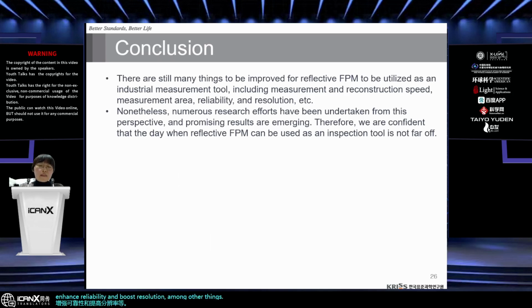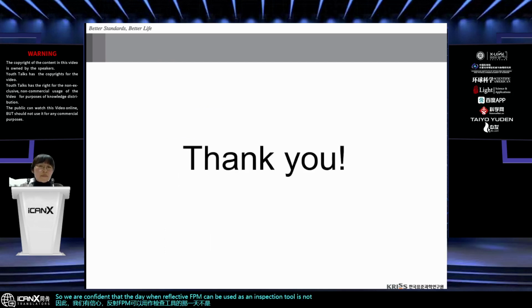But there's a lot of research in this direction, and we are starting to see some promising results. So we are confident that the day when reflective FPM can be used as an inspection tool is not far away. And this is the end of my talk.